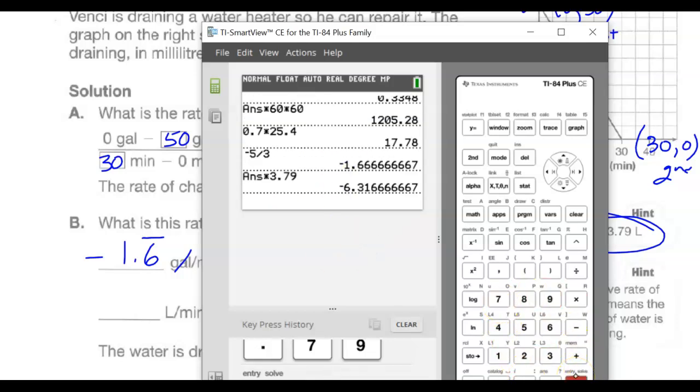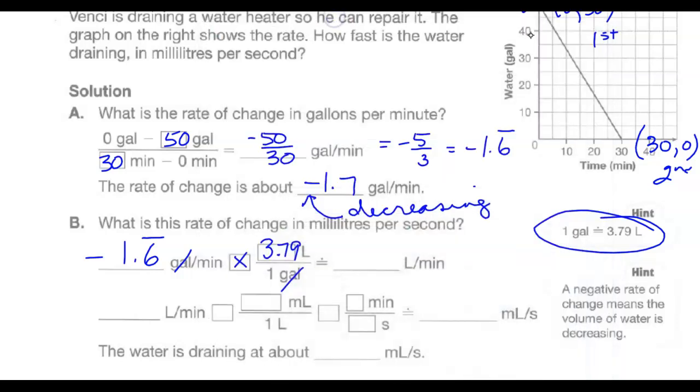Negative 6.316 repeating. Okay, so then we take that. I don't round anything till the end. And then I want to convert from liters to milliliters. So I know that there's 1,000 milliliters in a liter.